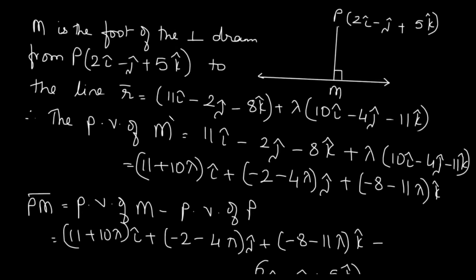This is the equation for the given line. If we compare this to A plus lambda B, we get B bar as this particular vector, and that means B is a vector which is parallel to the line. So suppose B is a vector here.